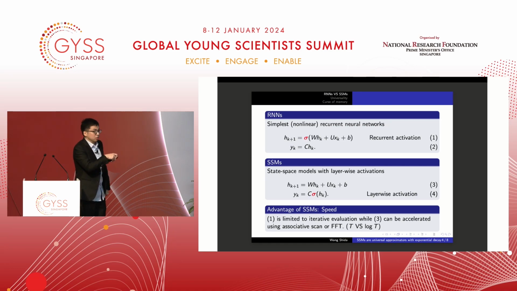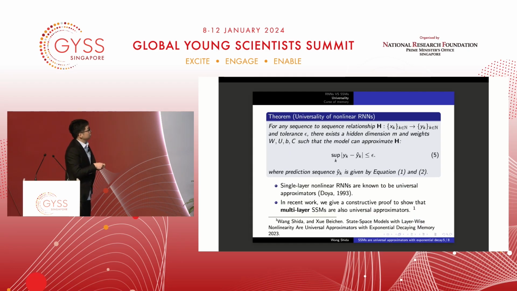The speed difference is mainly t versus log t, because in state space models, when we use the fast Fourier transform, we just need log t time to evaluate the final hidden state. So here is the introduction for recurrent models and state space models.